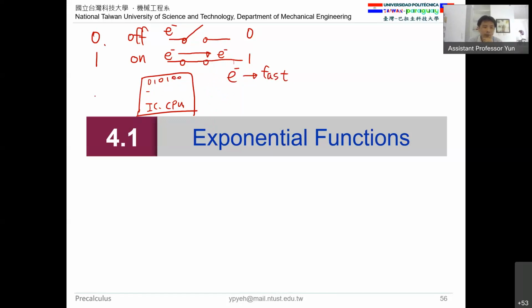For example, if we have the input x, we have a function, and then they will have the output, f of x. For humans, I think we can easily find it here. But in the CPU, they try to calculate or find the solution of this function by defining 0 and 1.